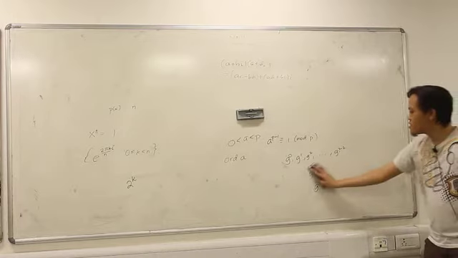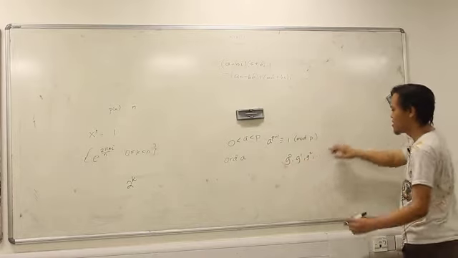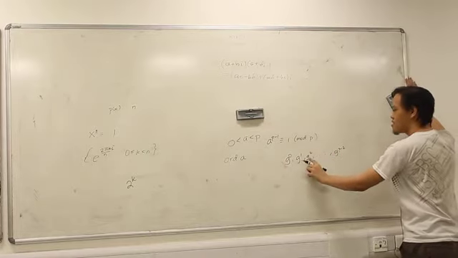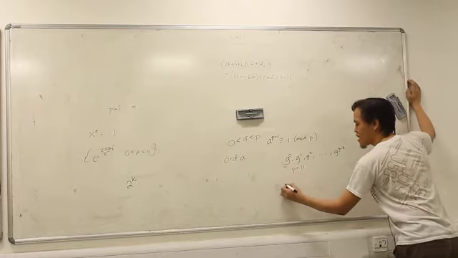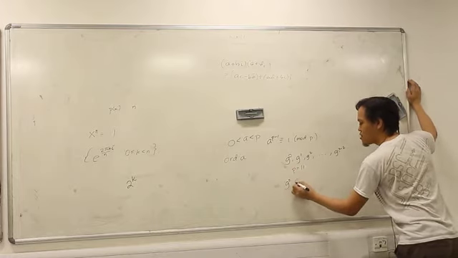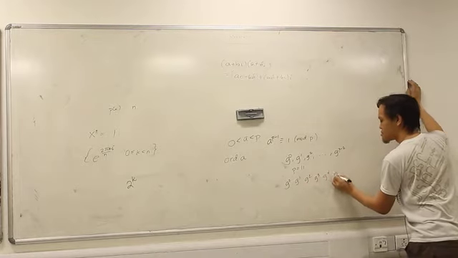Okay? So what does this mean? Let's give an example. Let's say p equals 11. And let's find some generator: g0, g1, g2, g3, g4.